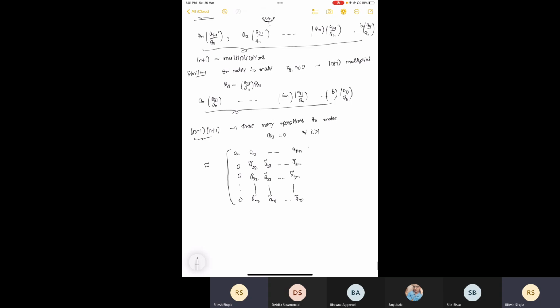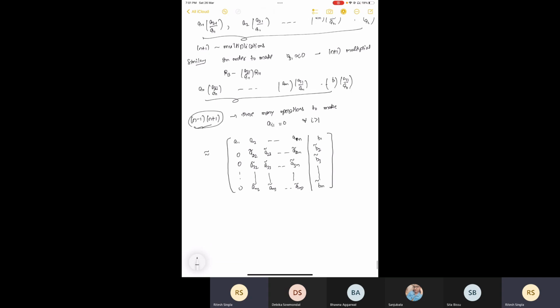And here b1, but b2 tilde, b3 tilde, and so on, bn tilde, right? After applying these many operations, our matrix will transform to something like this. Fine.